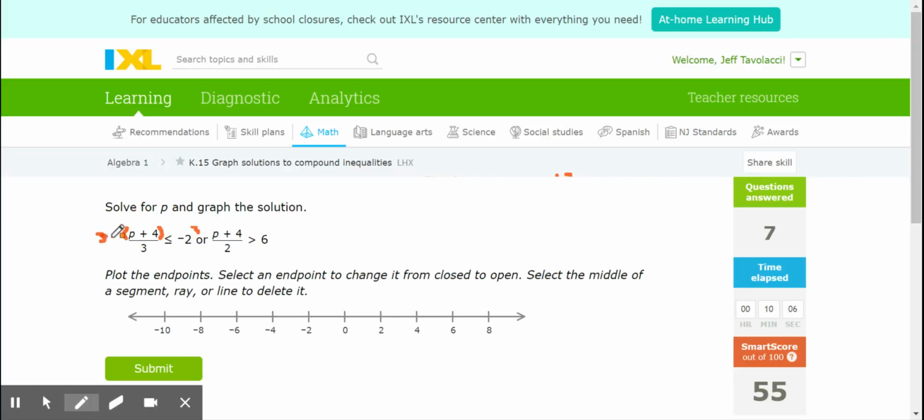When that happens, those are going to cancel, and I'll be left with something that looks a lot nicer, just the numerator, p plus 4, which is less than or equal to negative 2 times 3, which is negative 6. You can subtract 4 from both sides, and p is less than or equal to negative 10.